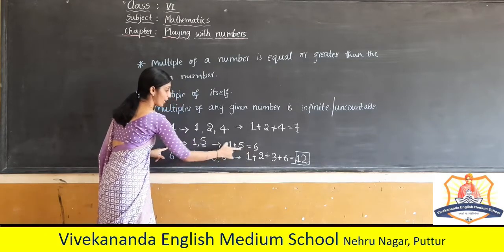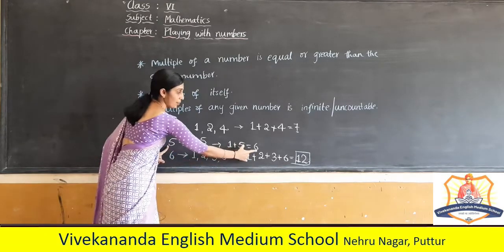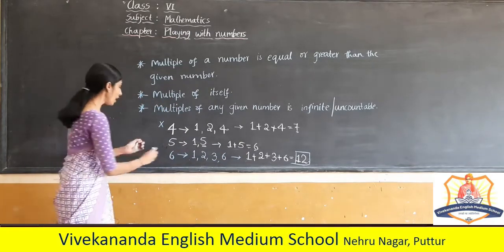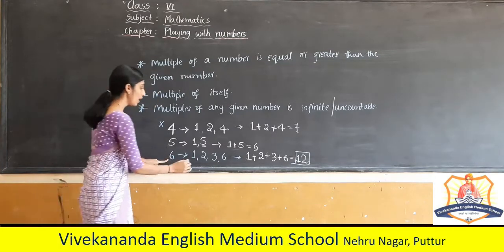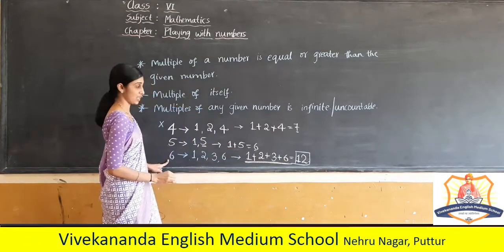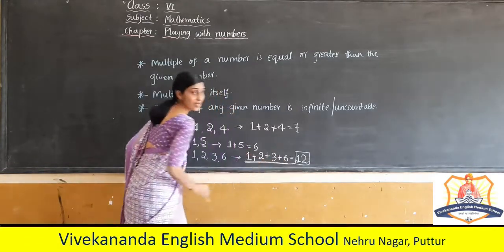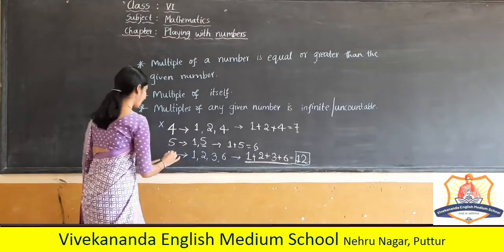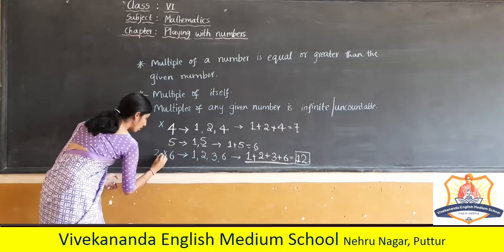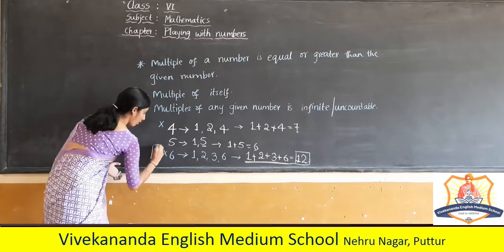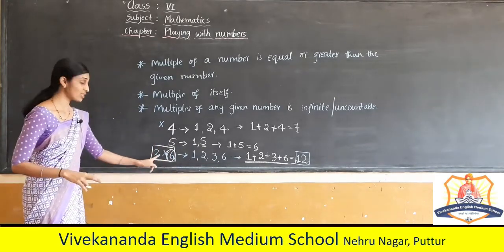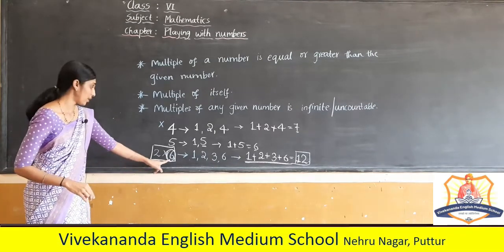If I add all the factors of number 5, the sum is not twice the given number. Okay. Let me check number 6. If I find the sum of all its factors, what is the sum we are going to get? Yes, that is twice the given number, the given number into 2.